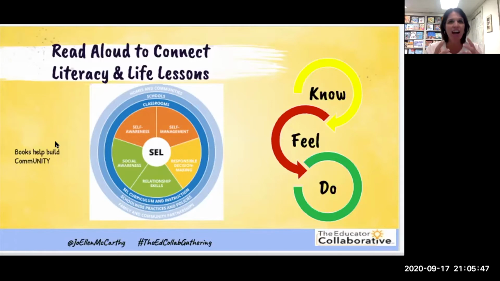And then that knowledge can get translated into a feeling, how we respond to that text, that character, that situation, or that information. And essentially then what we do with that information and how we expand on that and how we then act on what we've learned, what we've felt, that becomes the doing, right? So it's this knowing, feeling, doing.